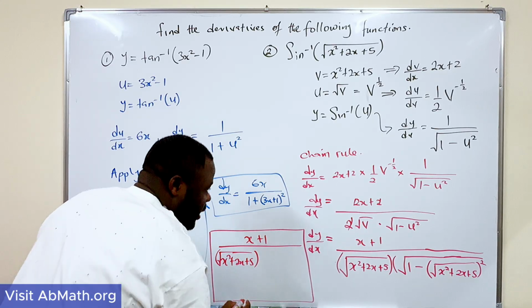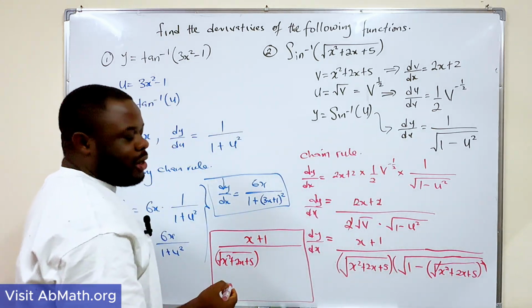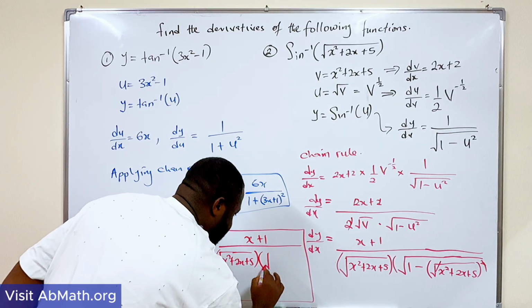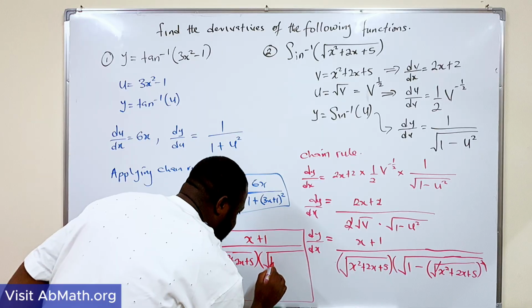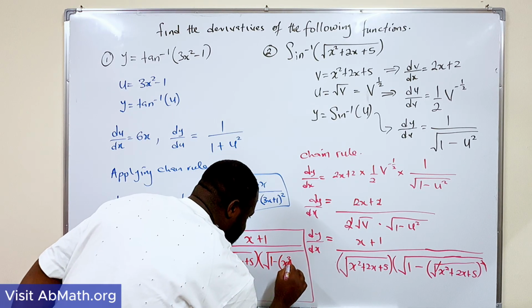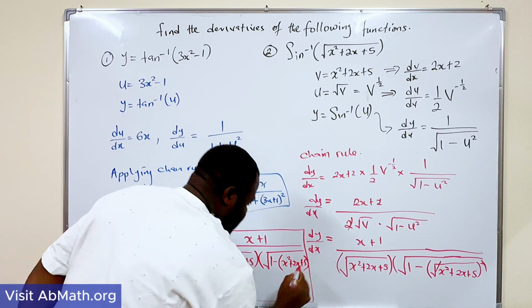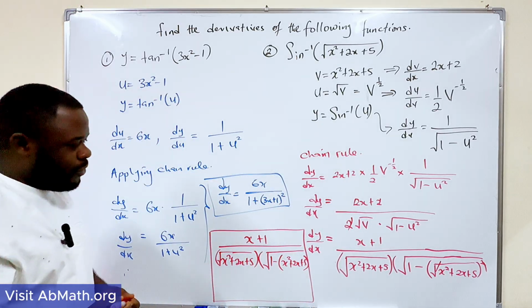Then we have a square here, and we cancel out this square root. We now have multiplied by the square root of 1 minus x squared plus 2x plus 5. So that is the derivative of this particular function.